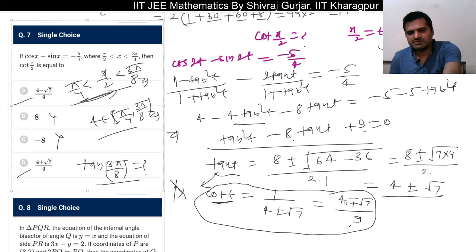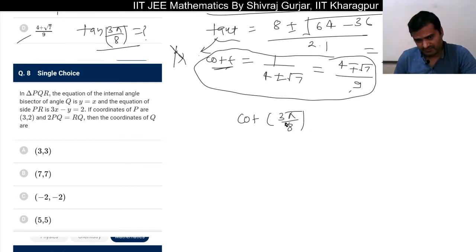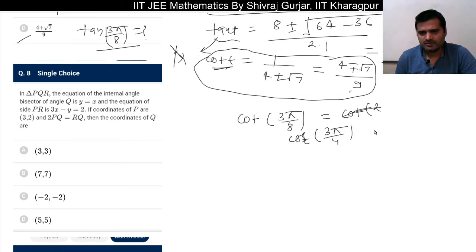So let us see what is the value of cot 3 pi by 8. What is that? Basically we can say that cot 3 pi by 4 is nothing but cot of 3 pi by 8 into 2.